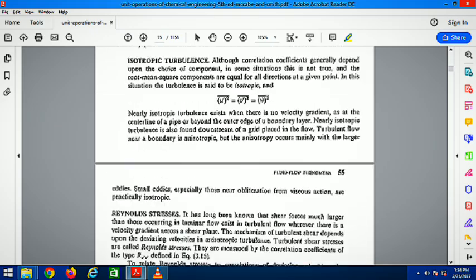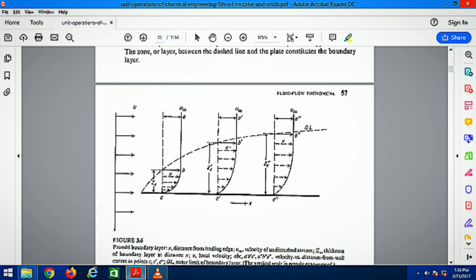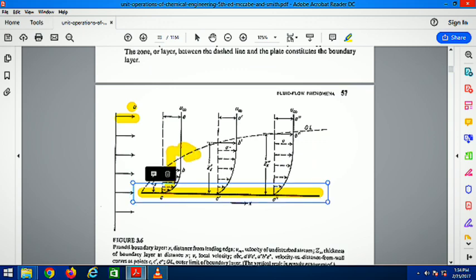Let's move on to the next important topic, which is the formation of the boundary layer. If a fluid stream is coming with velocity u, due to the presence of the solid wall, the fluid near the wall will have zero velocity, and as we go up from the wall surface, the fluid moves with greater velocity.